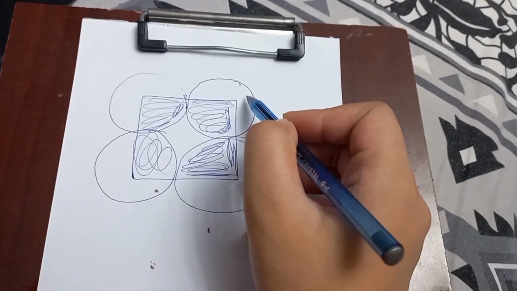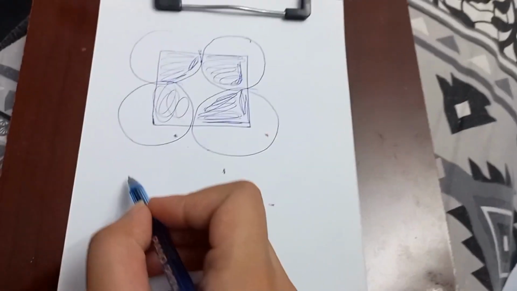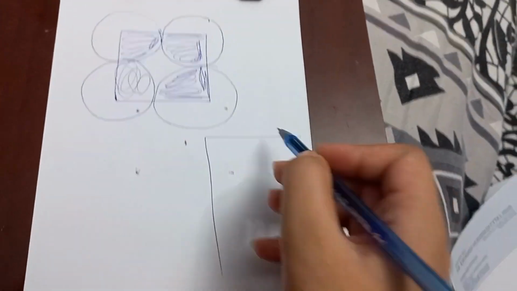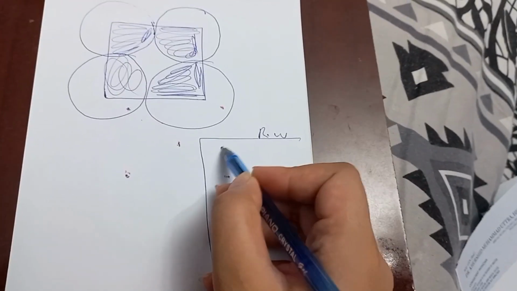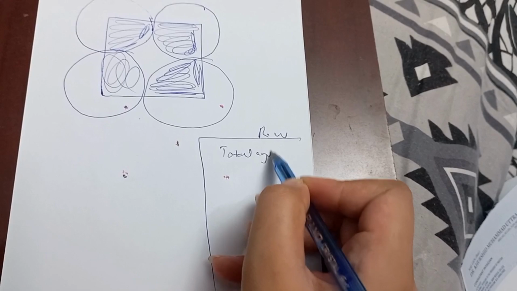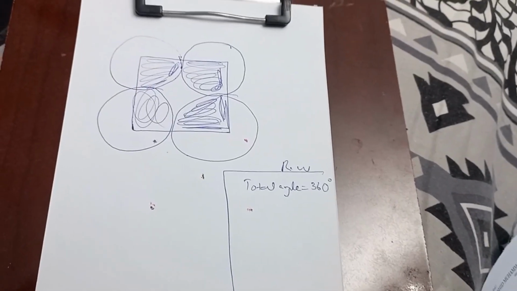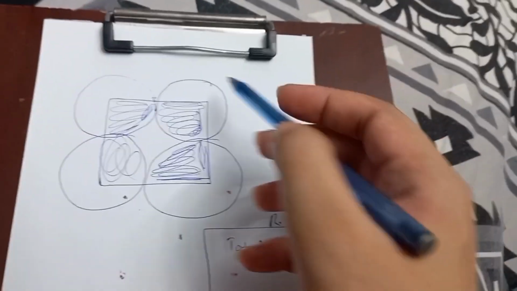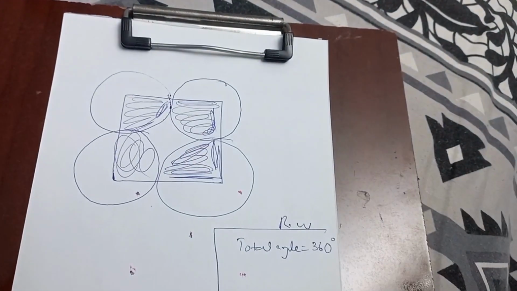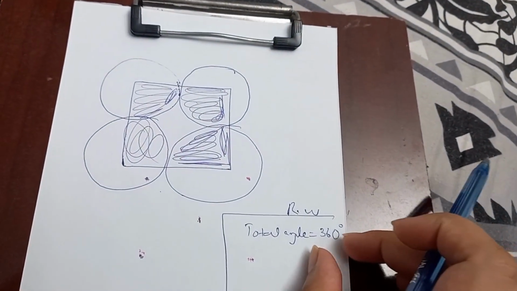So let's learn it. Here, let's consider this circle. We are doing it in rough work. What is the total angle of a circle? The total angle of a circle is 360 degrees. We all know about it. This is the total angle of a circle, which means the total atom.